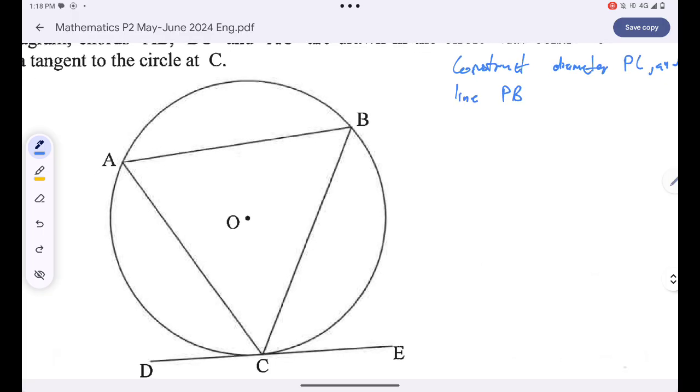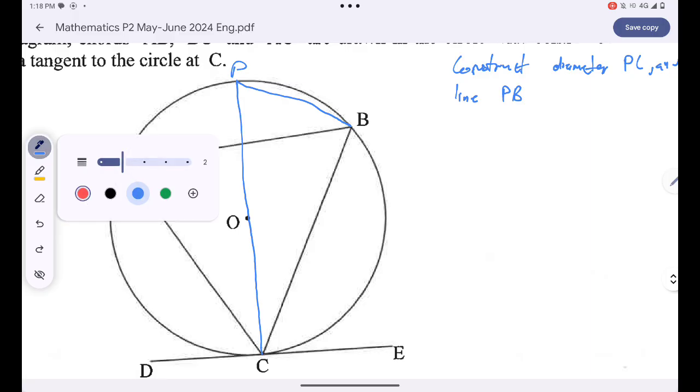Make sure that your diameter passes through the center, because if your diameter does not pass through the center, it is not a diameter. That's simply a chord. So now I've constructed diameter PC and line PB. Are you together? And please let this angle over here be equal to C1 and that one be equal to C2.